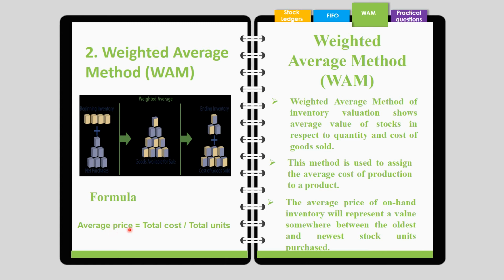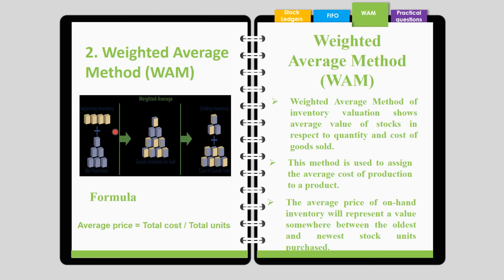Now how am I going to calculate the price here, because in FIFO we used to take the same price what we had taken for purchase, the same price was applicable for sales. Here, since we are going to add up and take an average of older and newer, the price needs to be decided. So for that we need this formula where we can understand what is the average price totaling the older and the newer stock. So what is the formula? Total cost divided by total units.